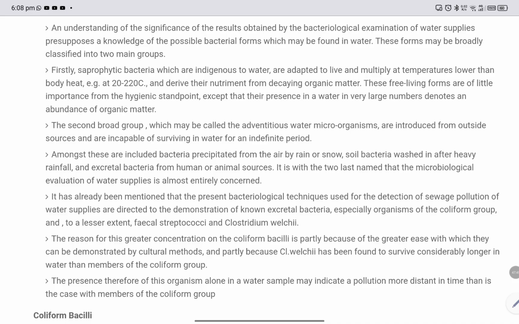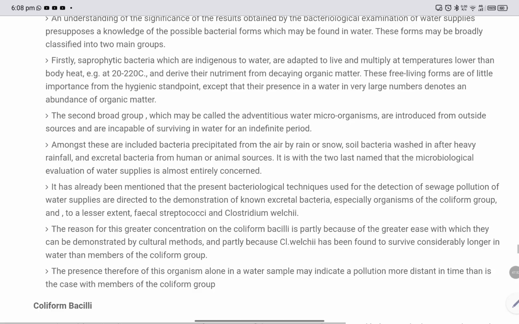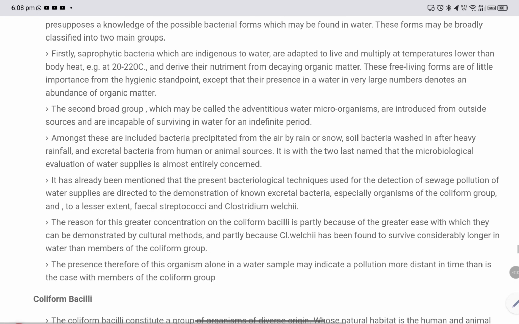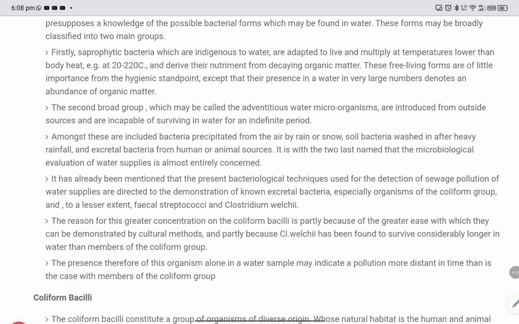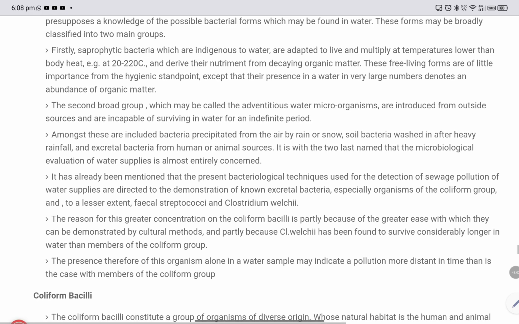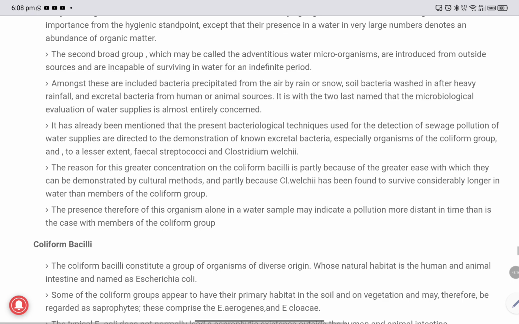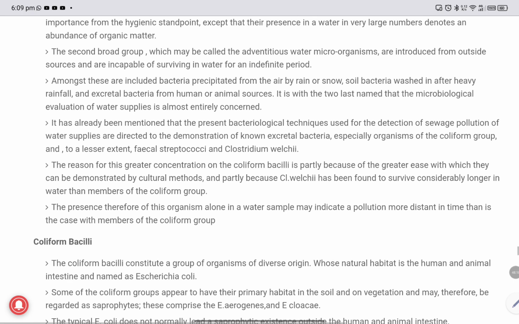These free-living forms are of little importance from the hygienic standpoint, except that their presence in a water in very large numbers denotes an abundance of organic matter. The second broad group, which may be called the adventitious water microorganisms, are introduced from outside sources and are incapable of surviving in water for an indefinite period.